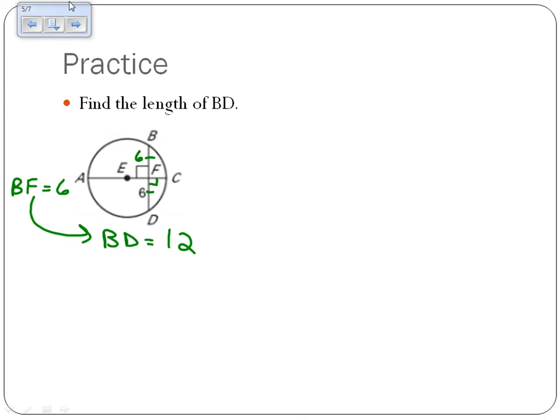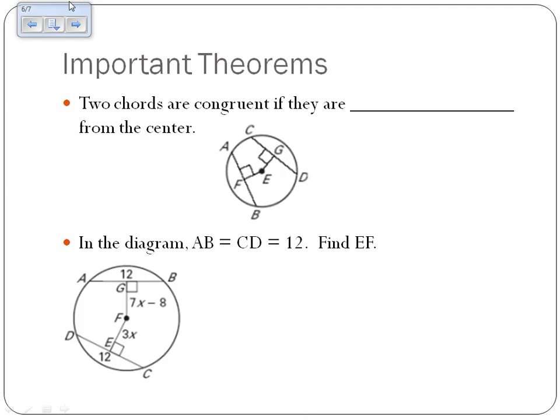Okay. Last problem of the day. Last slide of the day. Two chords are congruent, or the same size, if they are equidistant from the center. We measure equidistant in a straight line.